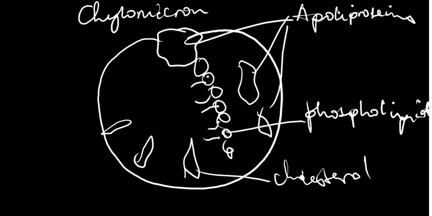The fatty acid chains face inwards, whereas the aqueous part of this phospholipid faces outwards. The phospholipid has two parts: one that's water loving and one that's water hating. That's what determines where these actually face.